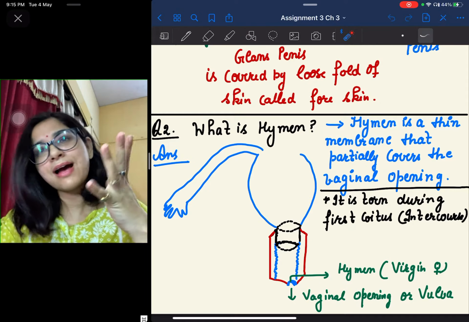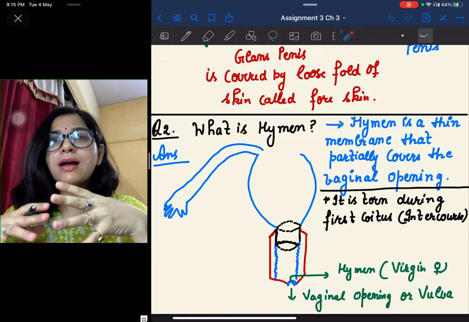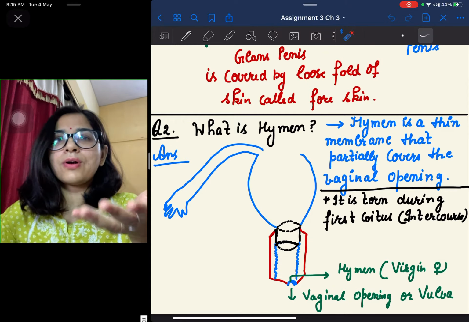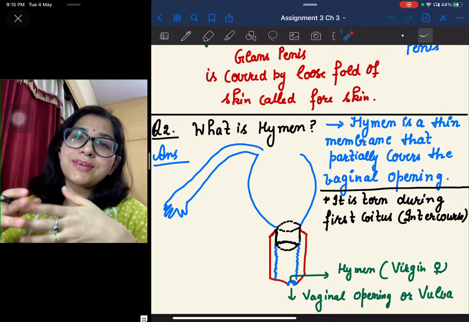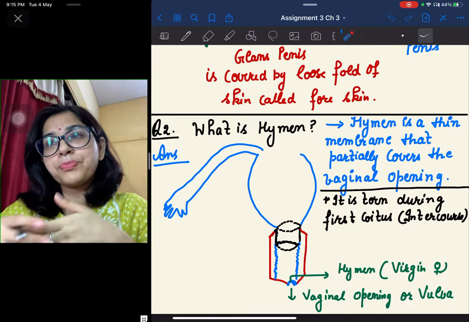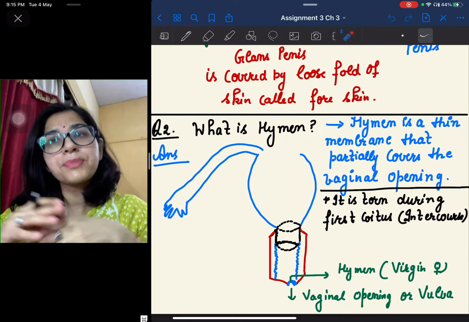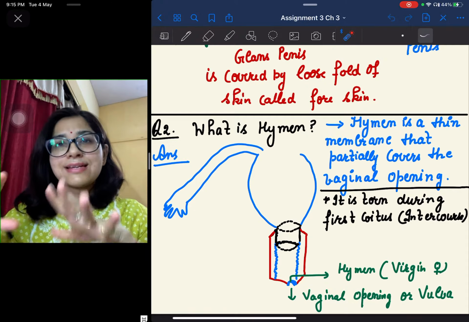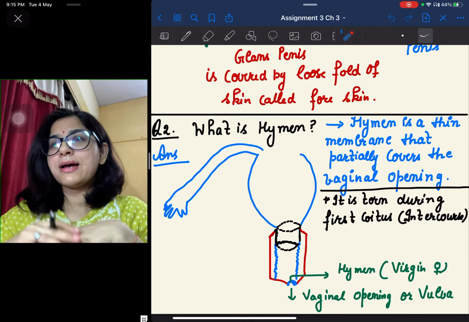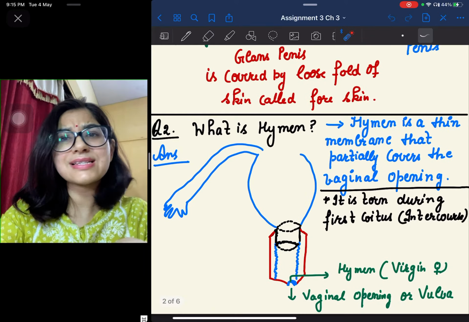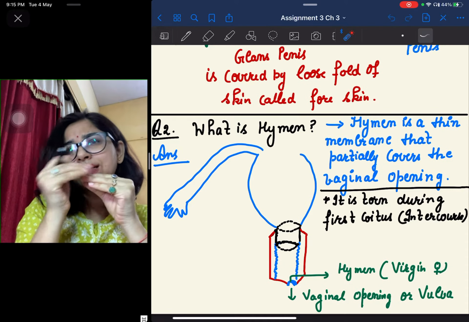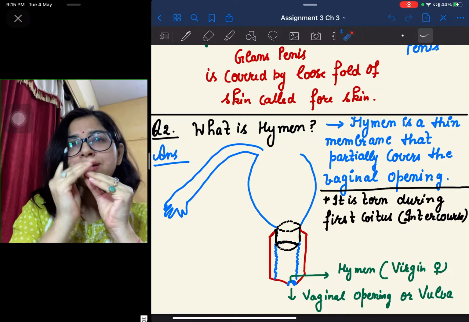Sometimes it is given in your NCERT that it is torn during the first coitus, or the first sexual act, or the first intercourse. It is given that it happens. But this is the vaginal opening, so that cover which partially covers your vaginal opening is known as hymen.